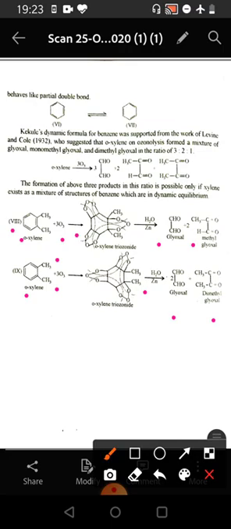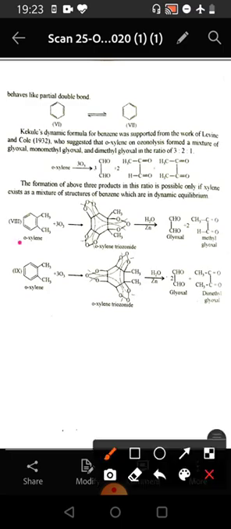And secondly, if this structure was ozonolyzed, then we would have got two molecules of glyoxal and one molecule of dimethyl glyoxal. But we get three molecules of glyoxal, two molecules of methyl glyoxal and one molecule of dimethyl glyoxal. This is possible only if xylene exists as a mixture of structure 1 and structure 2, that is, as structures 8 and 9, which are in dynamic equilibrium.